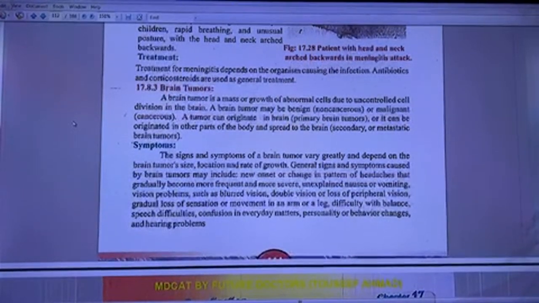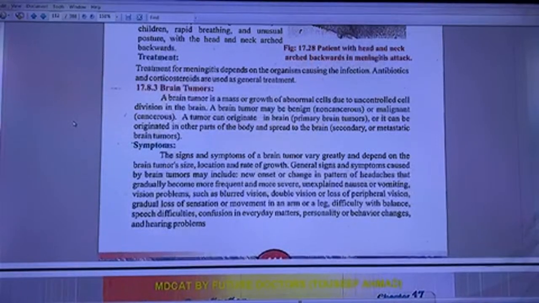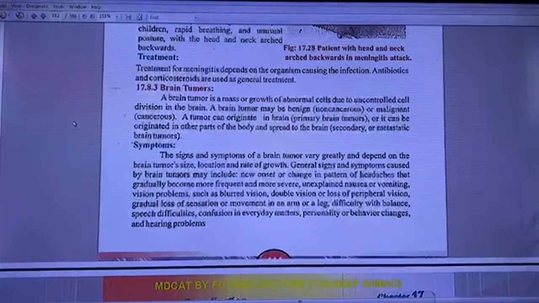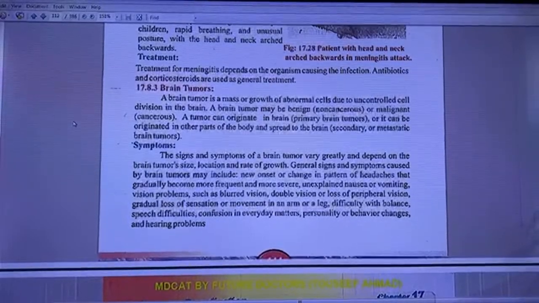Unexplained nausea or vomiting, vision problems such as blurred vision, double vision, or loss of peripheral vision, gradual loss of sensation or movement in an arm or a leg, difficulty with balance, speech difficulties, confusion in everyday matters, personality and behavior changes, and hearing problems.